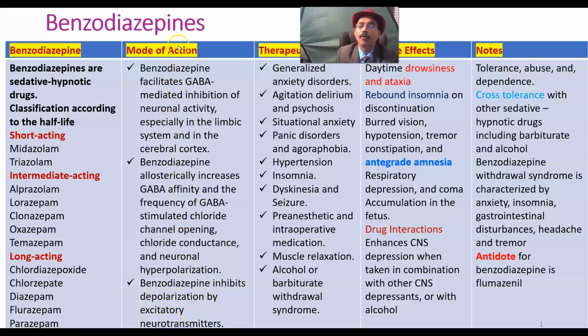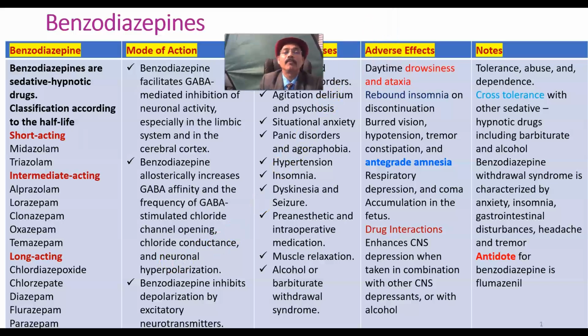So these are the modes of action: they facilitate GABA-mediated inhibition and cause hyperpolarization due to increased GABA affinity and frequency of GABA-stimulated chloride channel opening, chloride conductance, and neuronal hyperpolarization.